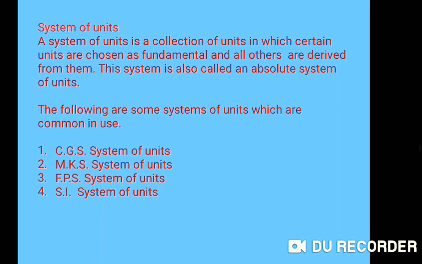And the last one and the most important system of unit is SI system of units. In this system, unit of length is meter, unit of mass is kilogram, unit of time is second.